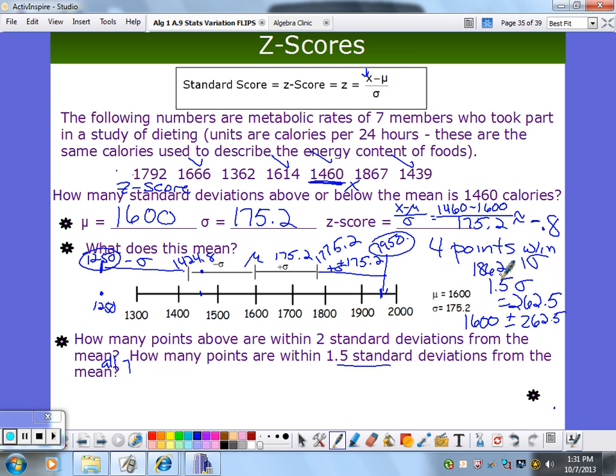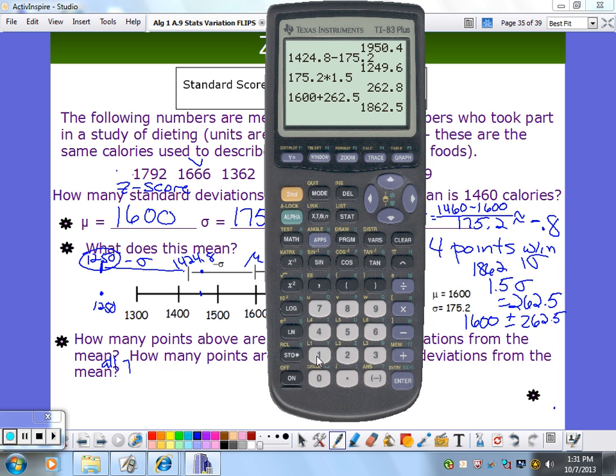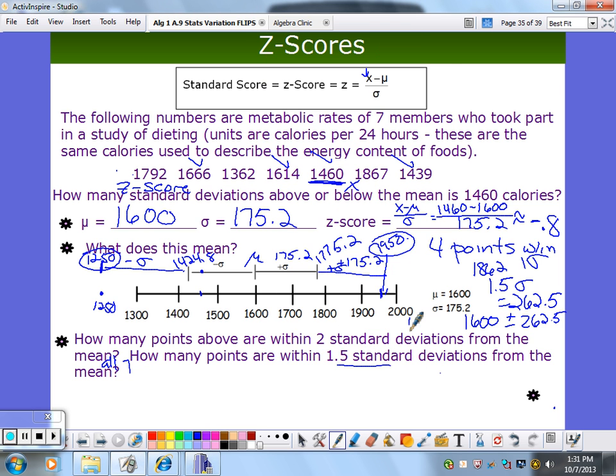Just writing my boundaries here. And then I subtract that, 1600 minus 262, is 1337. Let's just make it 1338. It's getting a little messy. But these numbers here are the boundaries for 1.5. So now you look at every point.